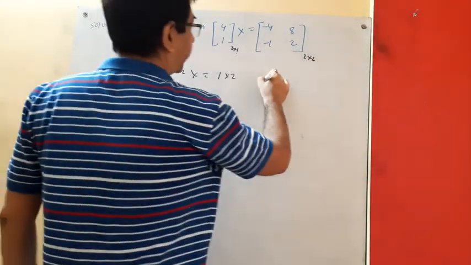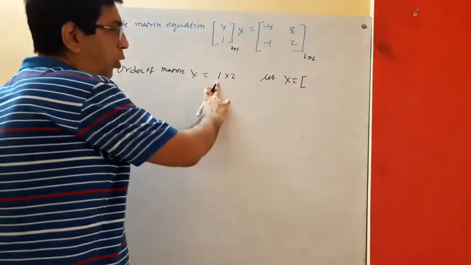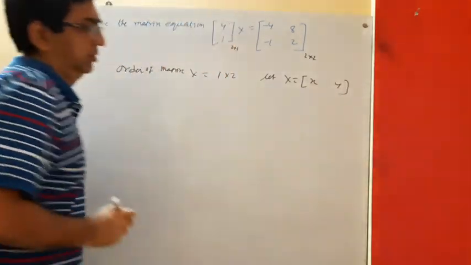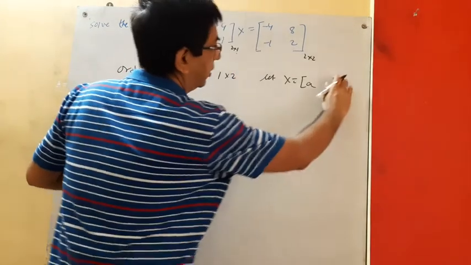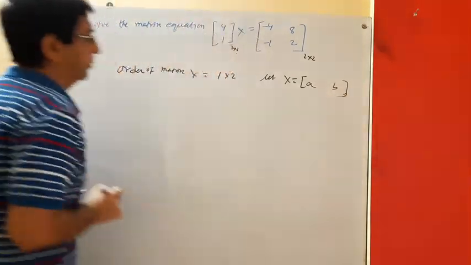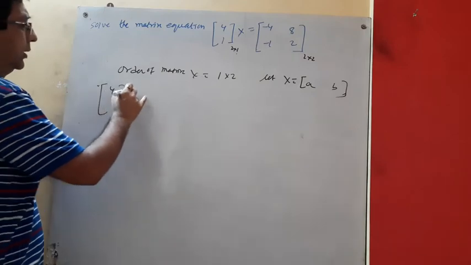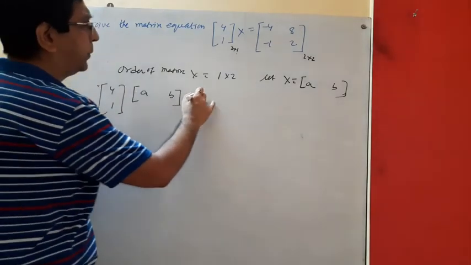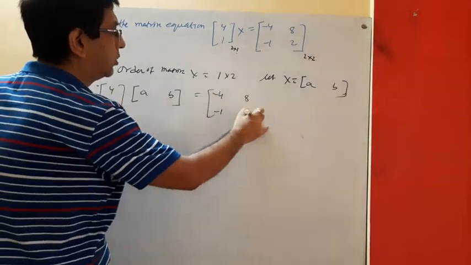So the order of matrix X is 1 row, 2 columns. Let X equal [A B], or you can write anything, XY or AB. Now what will I do? [4 1] into [A B] equals [-4 8 -1 2].